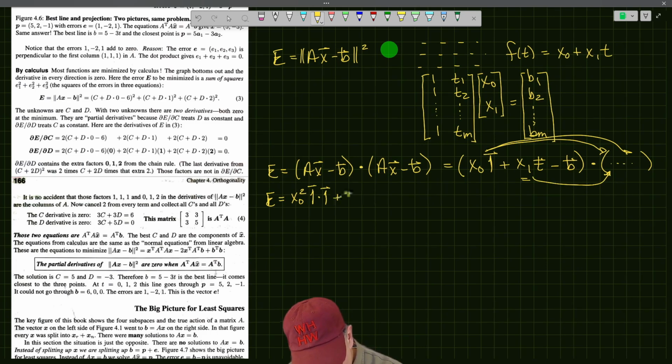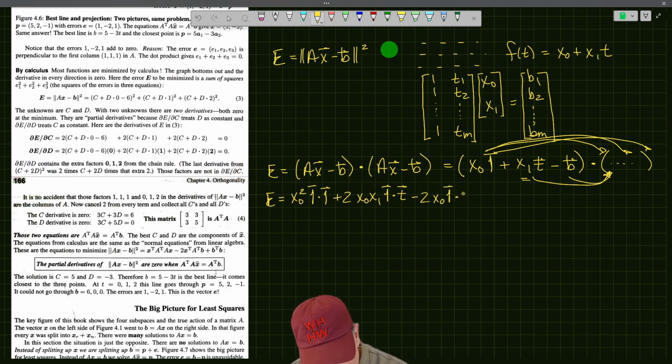So we're going to have plus 2 x naught x1, the 1 vector dotted with the t vector. Then we're going to go all the way out to the b, which will be the same as the b with the 1. So we'll have minus 2 x naught, and we'll have the 1 vector dotted with the b vector.